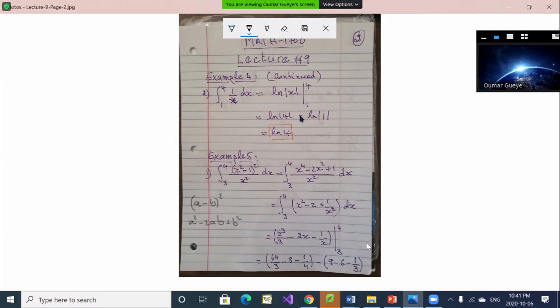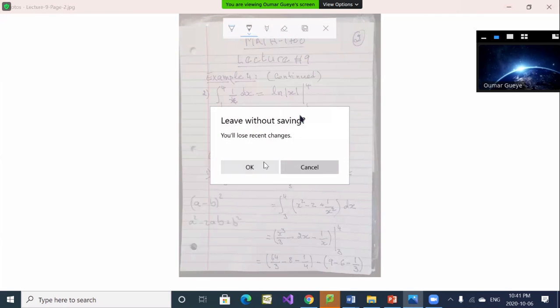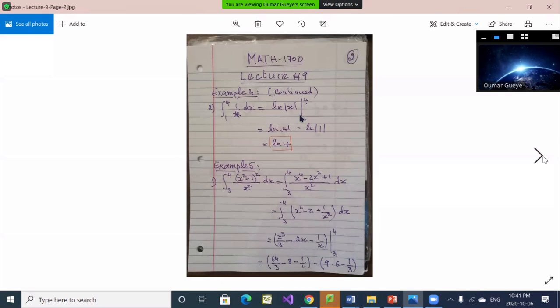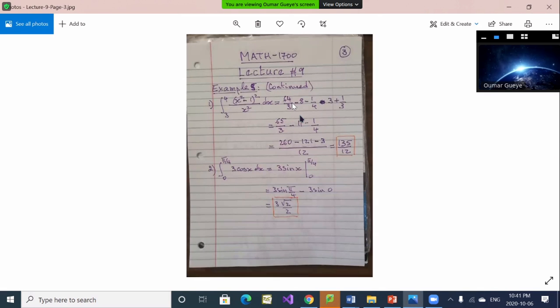Now, if you drop the brackets, just keep in mind here we have 9 minus 3, going to be 9 minus 6 going to be 3, and here we have minus going to be negative 3 plus 1 over 3. So that's what I did here.